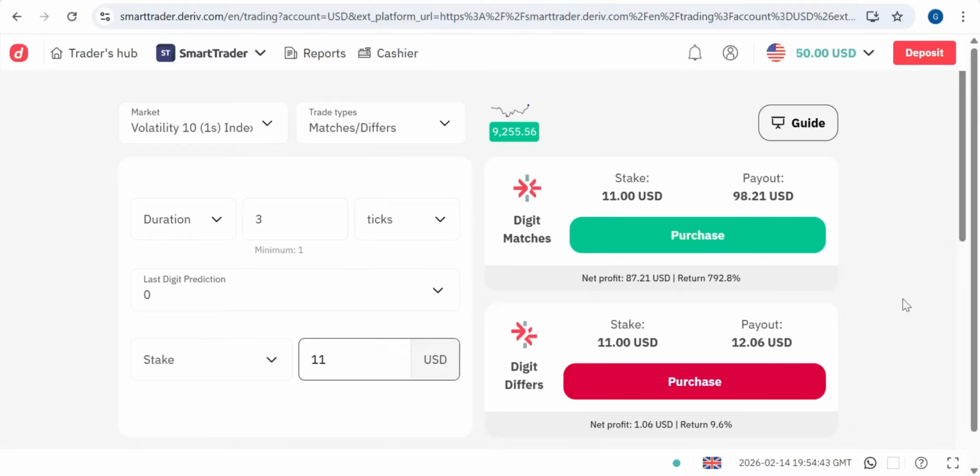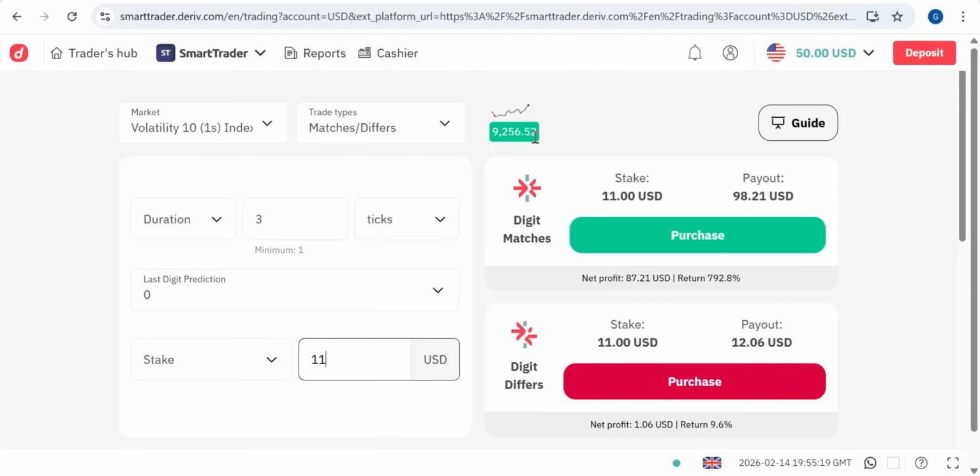What this simply means is that when you have the last digit prediction, which is 0, it simply means, if you can see here, there are numbers here. There is a 2, there is a 3 last digit there. It simply means the moment there are three ticks, the third tick should be 0, which simply means if we start counting now, tick number 1, 22, tick number 2, 7, tick number 3 should be 0.